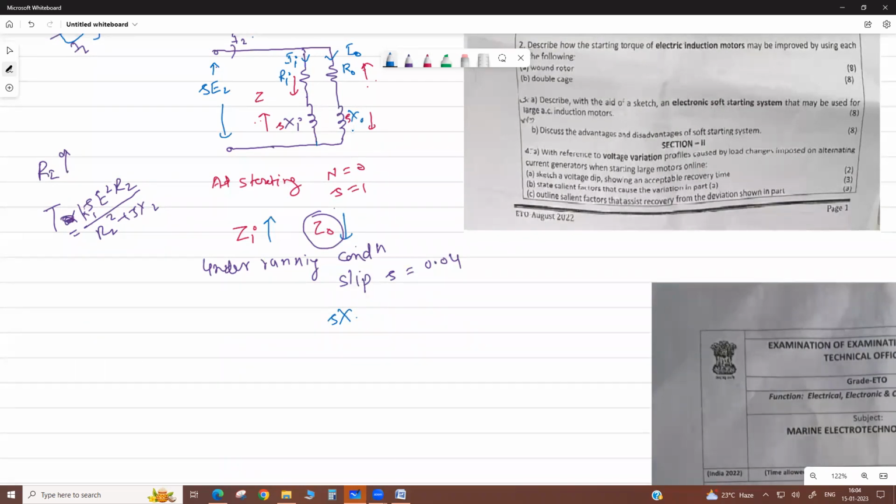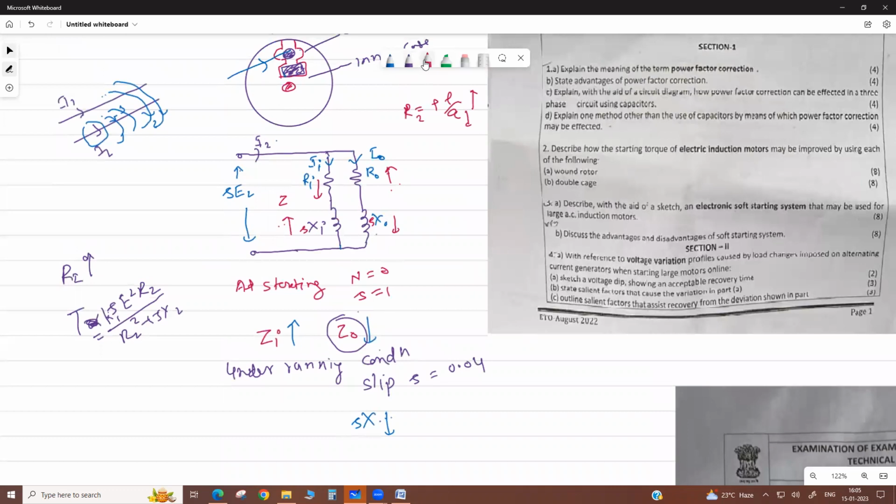Suppose this is 10 ohm, this is 20 ohm. Now it is multiplied with slip, then impedance is reduced, because reactance is reduced due to slip. Resistance is fixed.